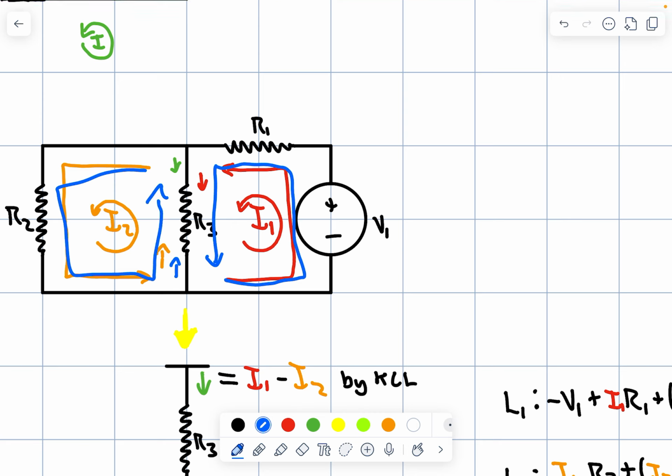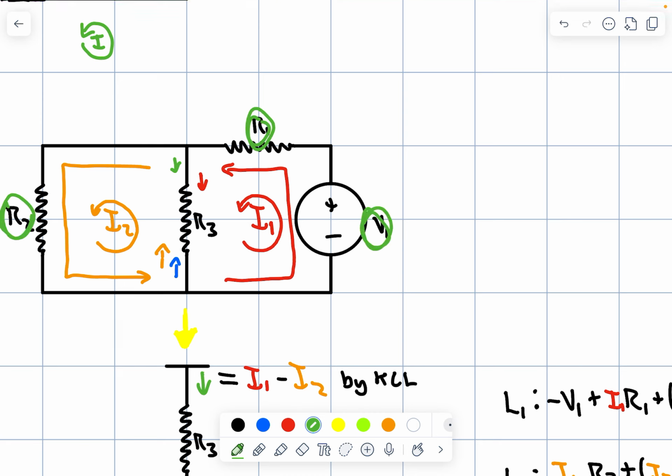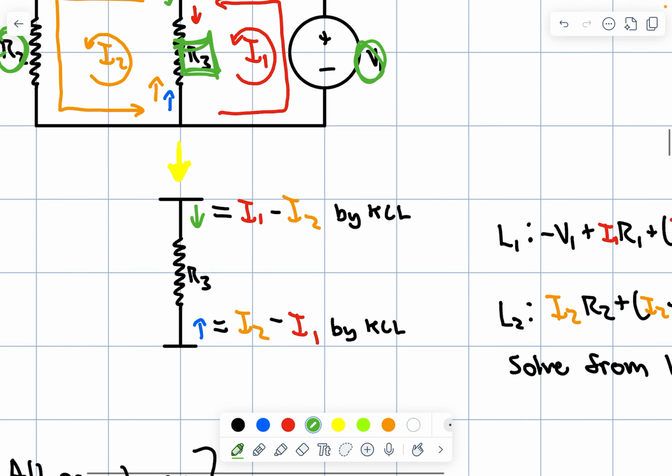You'll notice there's an overlapping point between them right here, and we're going to use KVL to understand and simplify this circuit. So I know I1's flowing through R1, I1's flowing over here, I2's flowing over here, and for the current flowing through R3, I can make an arrow down here.